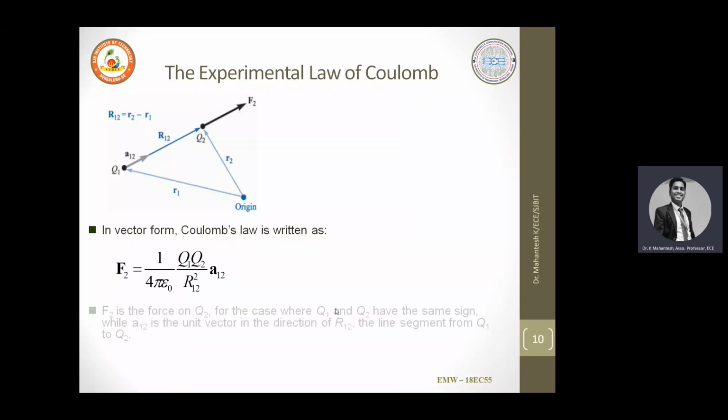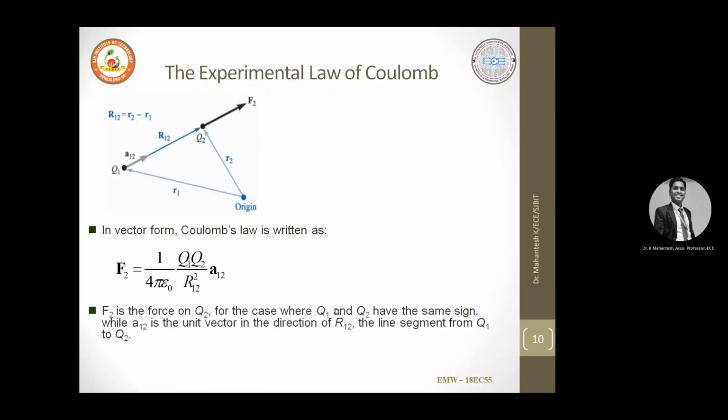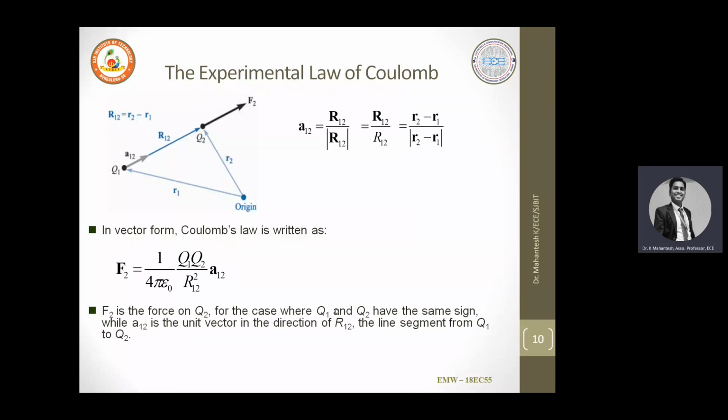So F2 is the force on Q2, for the case where Q1 and Q2 have the same sign. a12 is the unit vector in the direction of R12, the line segment from Q1 to Q2. It is the vector R12 divided by its magnitude, which in terms of position vectors is r2 minus r1 over the magnitude of r2 minus r1.